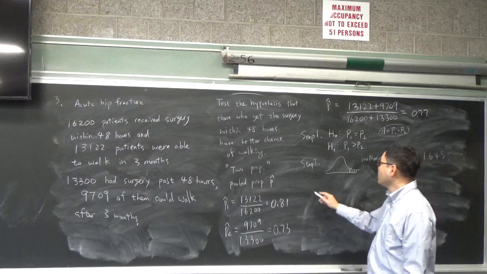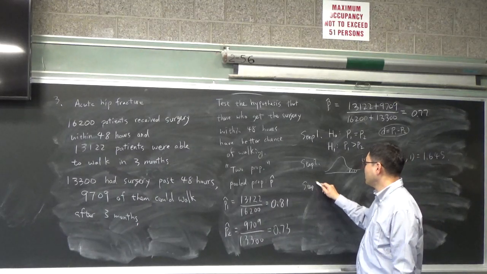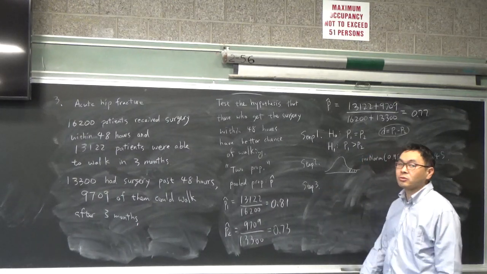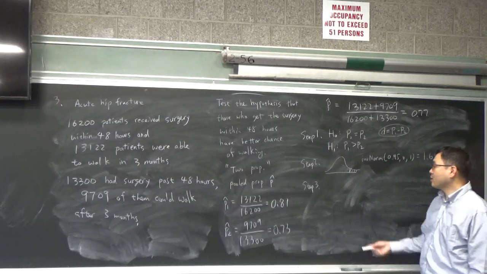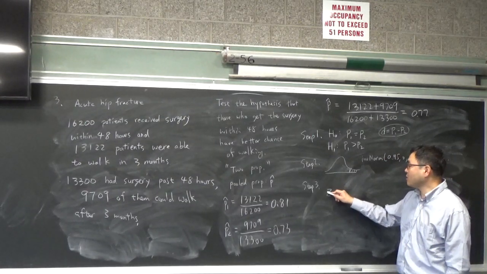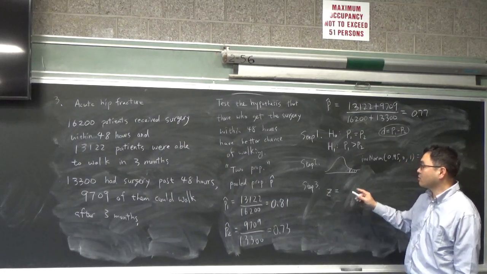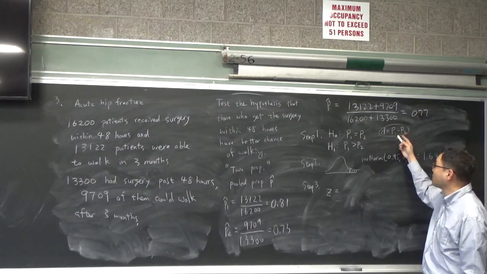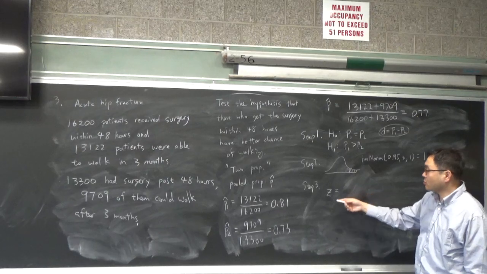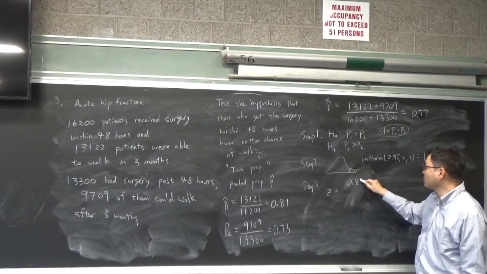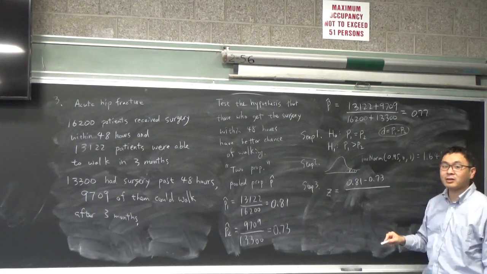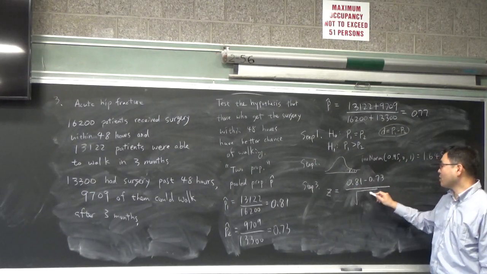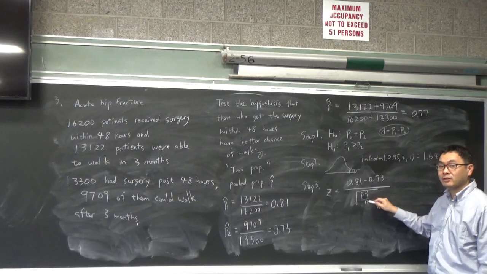And then step 3, you have to calculate the test statistic. So the test statistic, Z, is equal to the difference between the two, so P1 hat minus P2 hat, which is 0.81 minus 0.73, divided by the square root of P hat Q hat over N, right?